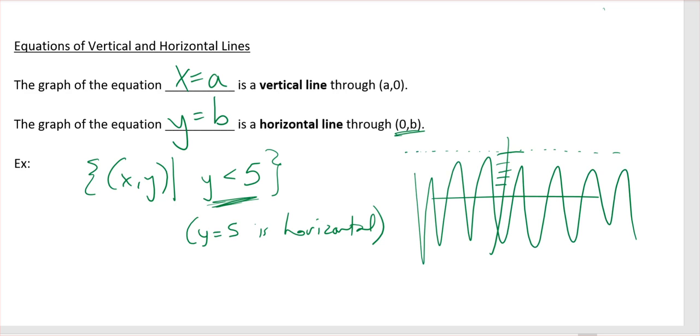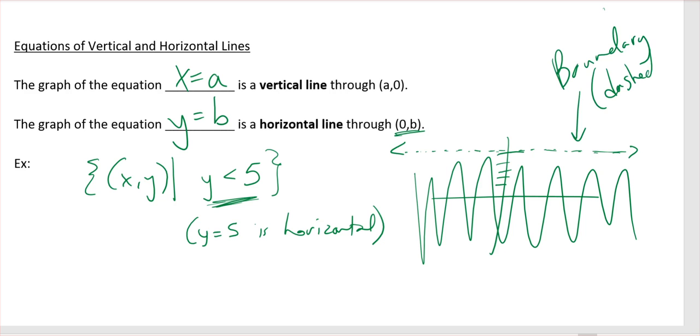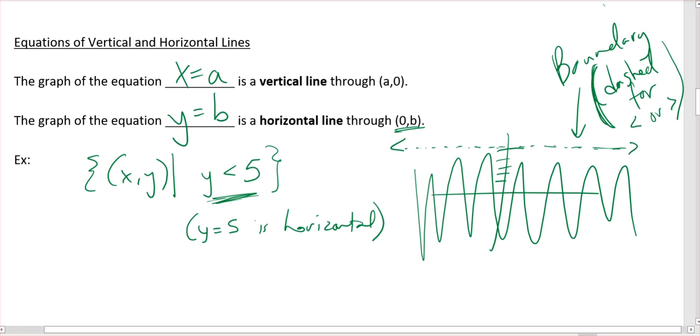You'll have to draw a dashed line to indicate that there's a boundary, and it's dashed for either a less than symbol or a greater than symbol. Now it's going to be solid if we have the non-strict inequalities.